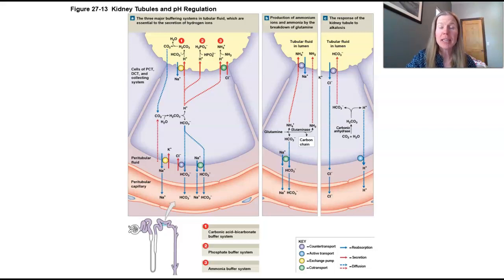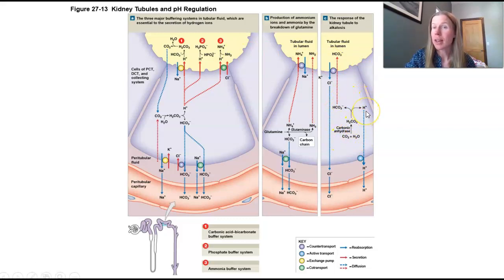The other organ is the kidney. Now, without getting too crazy into all of this, notice here is your equation again. On this side, we see a situation where the kidney is excreting hydrogen. It's putting it out here into what will become the urine and expelling it from the body. On this side, this is the same equation, it's just turned sideways.